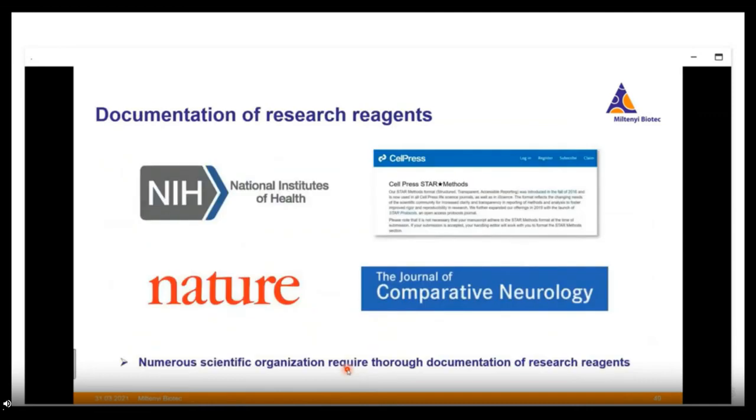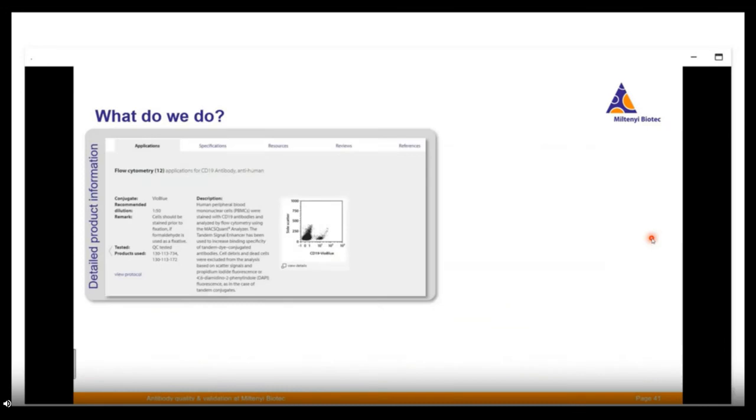With the awareness of the reproducibility crisis, more and more scientific organizations are requiring thorough documentation of research reagents, such as NIH for their grant applications, as well as the big journals, Nature, Cell. They request you to submit really thorough documentation about the protocol of research reagents.